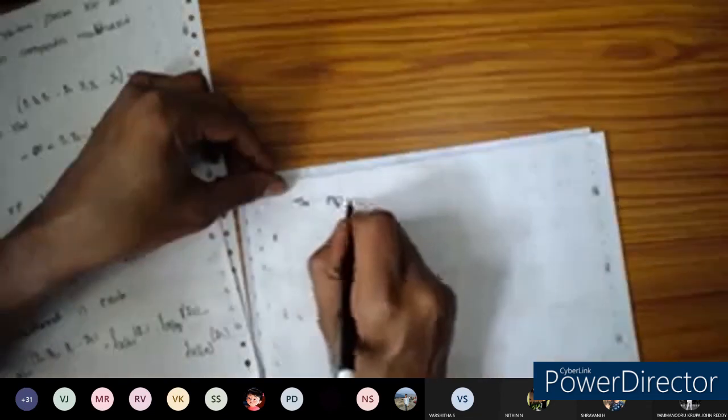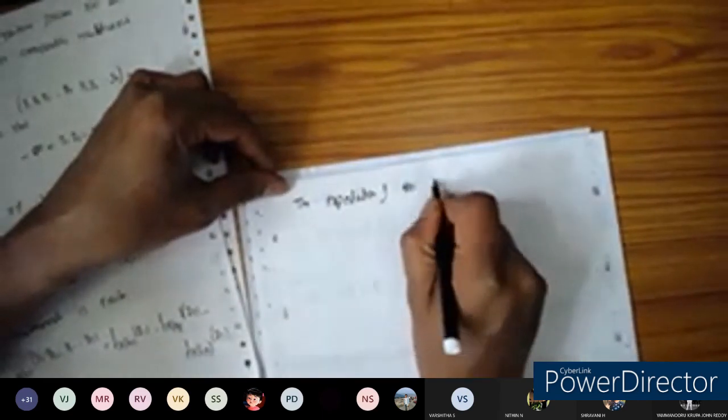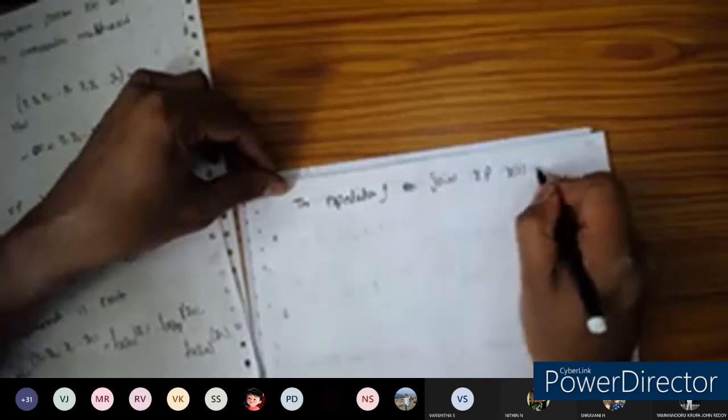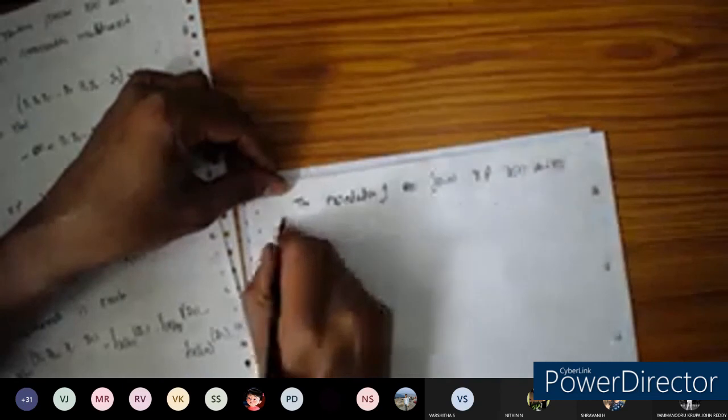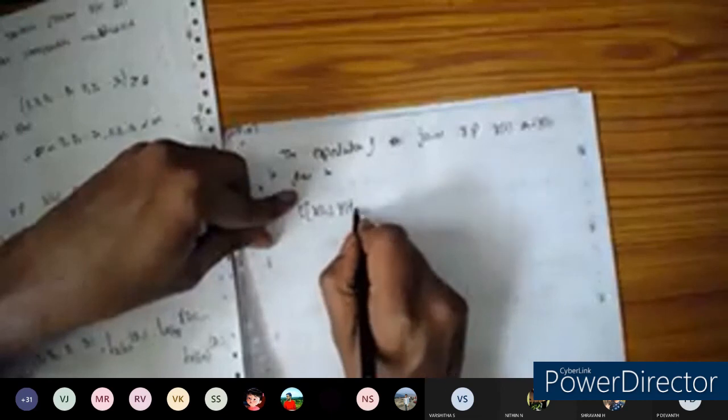The expectation of the joint random process x of t and y of t is given by the expectation of x of t1, y of t2.